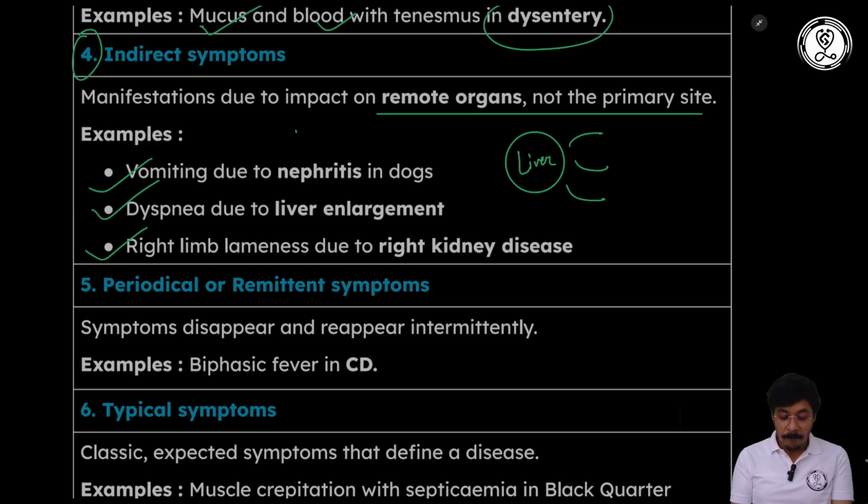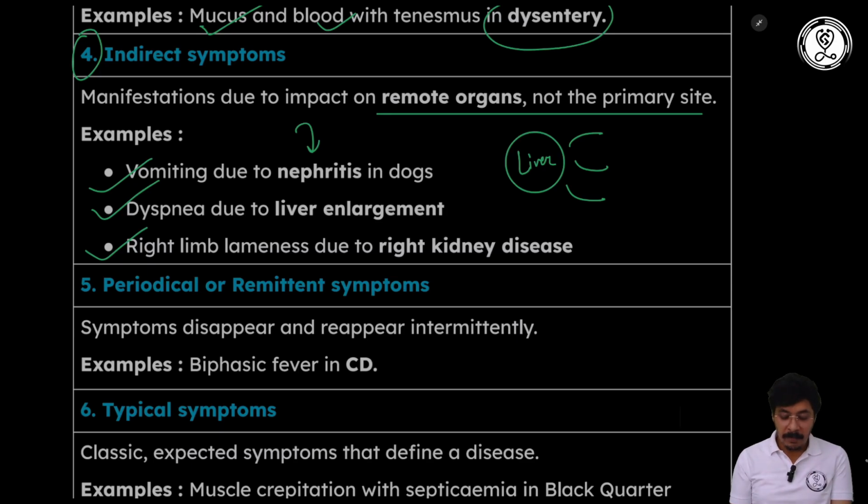So basically nephritis, the inflammation of nephrons, is the primary site. Whatever the disturbed physiology reason was, we are not dealing with it right now, but nephritis is the primary site of the disease. But due to this nephritis and the involvement of the primary site, there are manifestations on the remote organs leading to the vomition. Hence it is indirect.